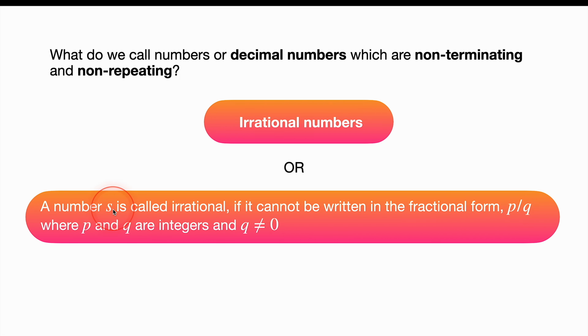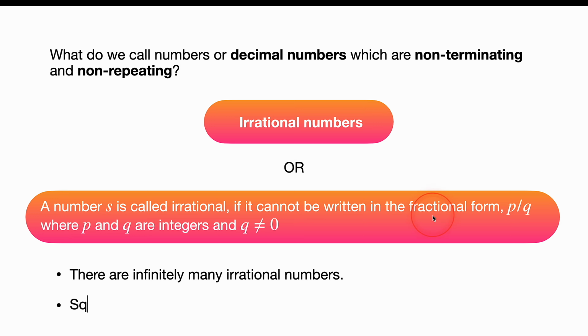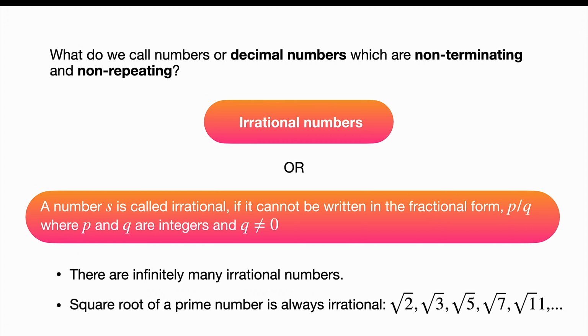A number s is called irrational if it cannot be written in the fractional form p by q. And there are infinitely many irrational numbers. And one more thing that you might have observed is that the square root of a prime number is always irrational.